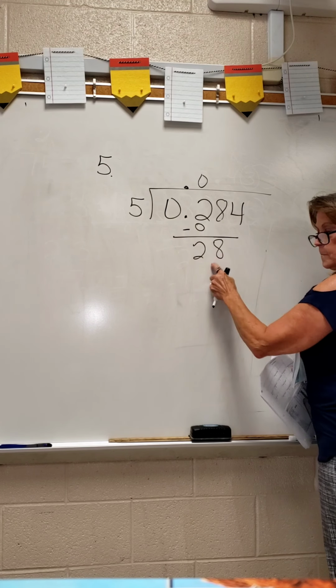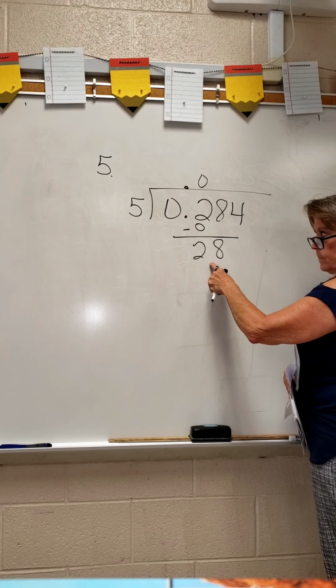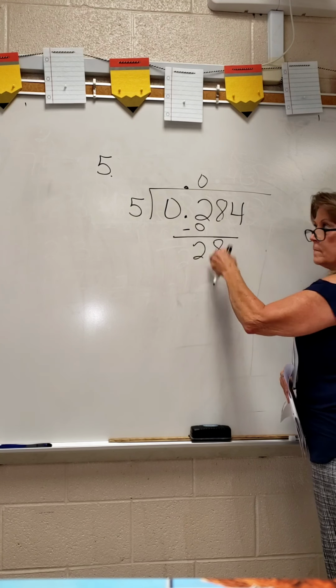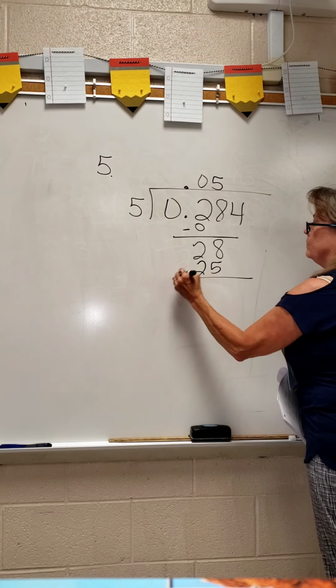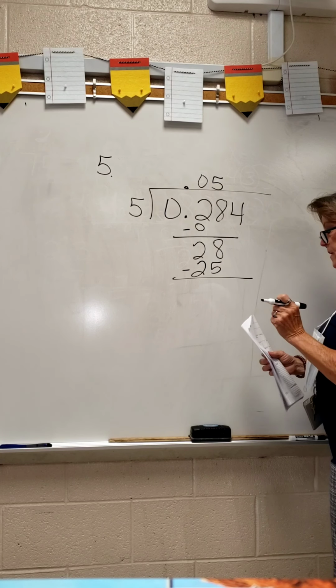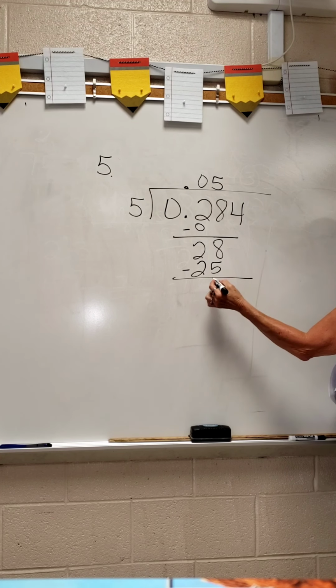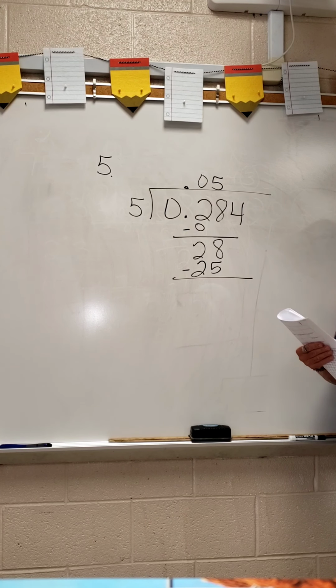Rihanna? So after you subtract it, you see 5 goes into 28 5 times is 25, 28 minus 25. Good girl. All right, Jacoby, what's next? You mean Jacob? Oh, next.